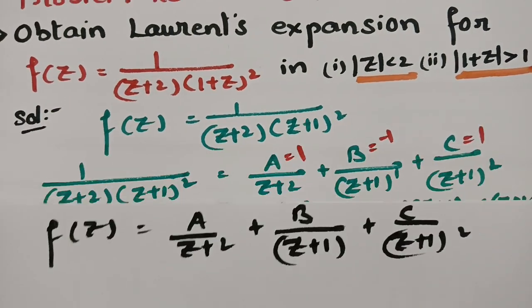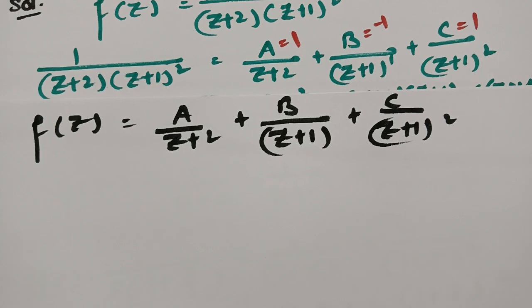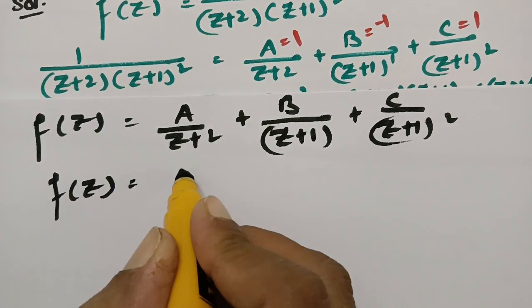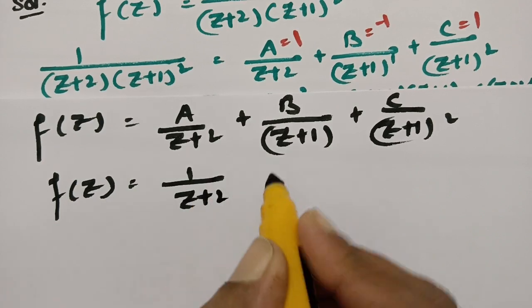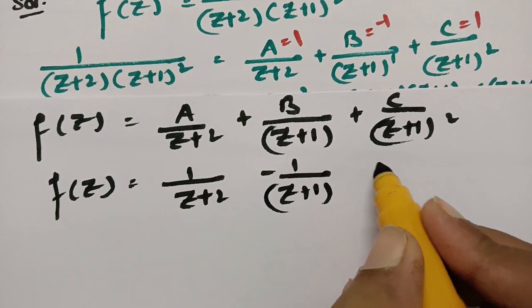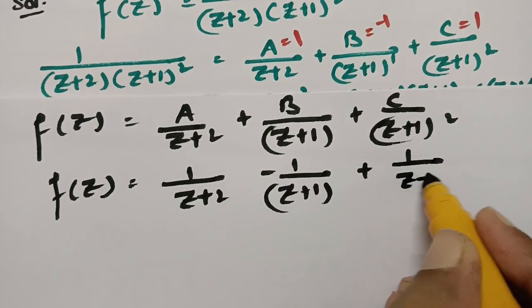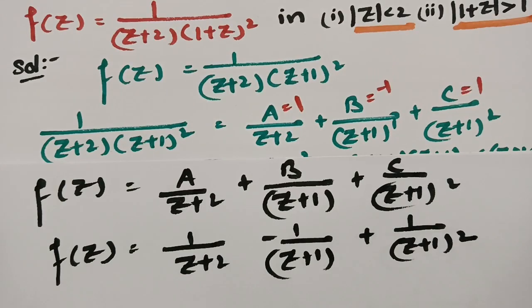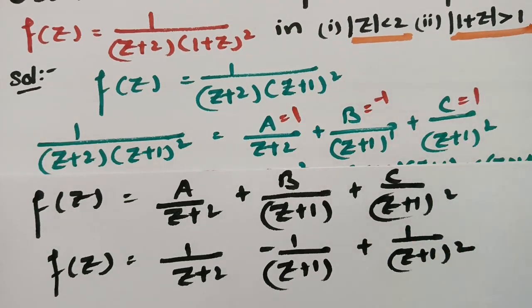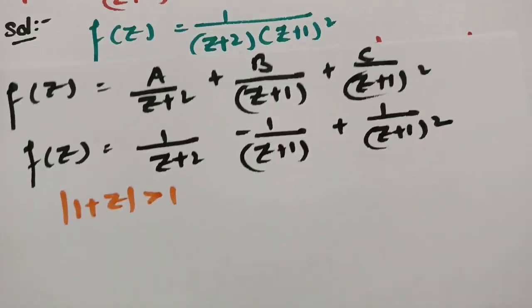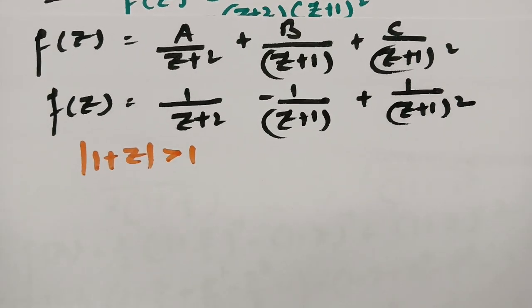After getting the a, b, c values, a as 1, b as minus 1, c as plus 1, f of z is equal to 1 by z plus 2, minus 1 by z plus 1, plus 1 by z plus 1 square. And here the condition for the second solution, the region here, is modulus of 1 plus z is greater than 1.